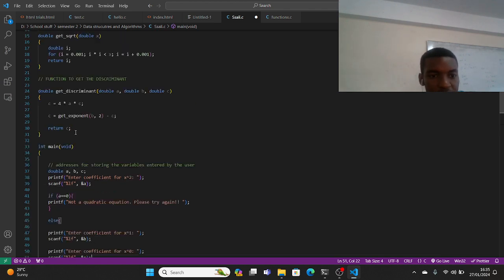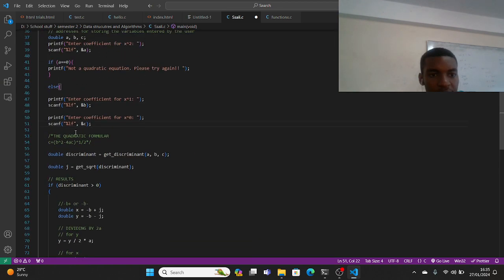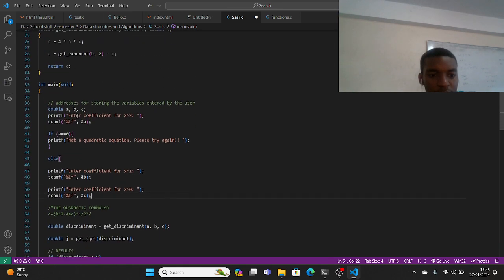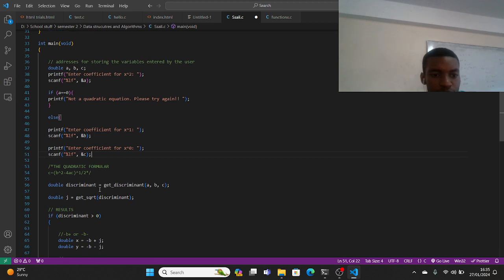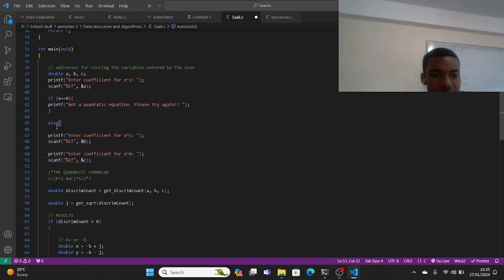From here, we continue. Okay, where was I? Yes, here. The else part. After the user has put in a value that's not equal to 0, he will have to put in a value for b and a value for c as well. All these will be stored in the memory locations which I reserved at the start of the program.